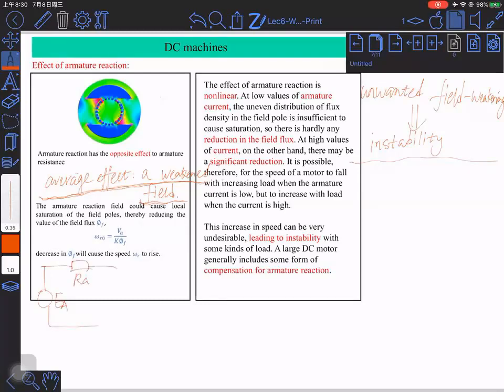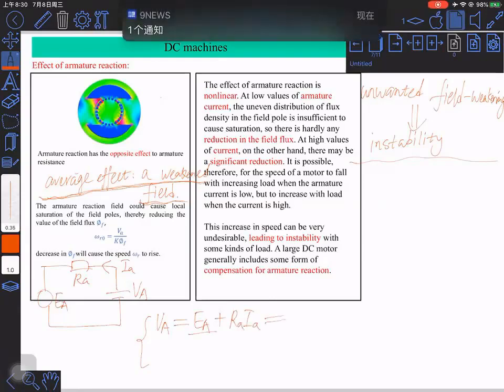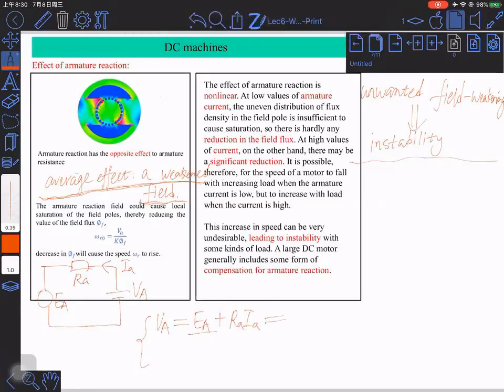RA, we ignore LA, I mean the reluctance, because it's very small. This is the armature circuit. This is IA. We have two equations. The first equation is established by Kirchhoff's voltage law. The terminal voltage is equal to the induced electromotive force EA plus RAIA, so it's going to be K times the field flux times omega r, the rotor speed, plus RAIA.